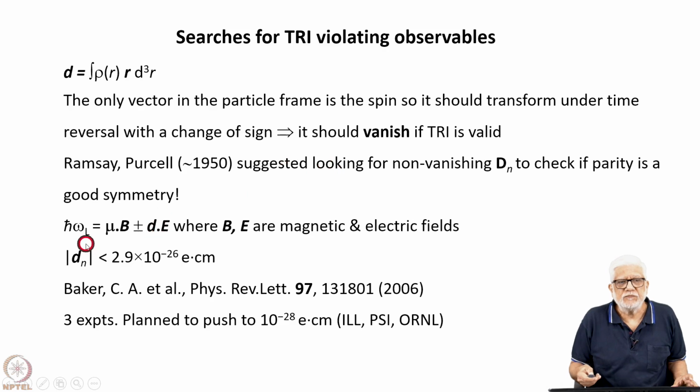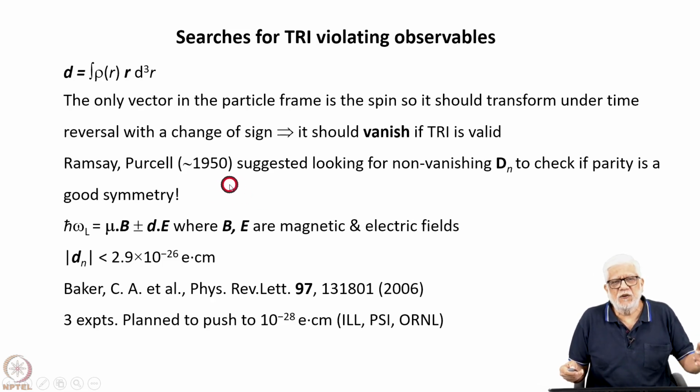Okay. So, the way that people looked for it in later years was that you can make the neutrons, you can first of all polarize the neutron, you can have a spin polarized neutron entering a magnetic field, and then you can analyze the spin of the neutron. And so, in a certain magnetic field, it will rotate by a certain theta, but then you also have an electric field.